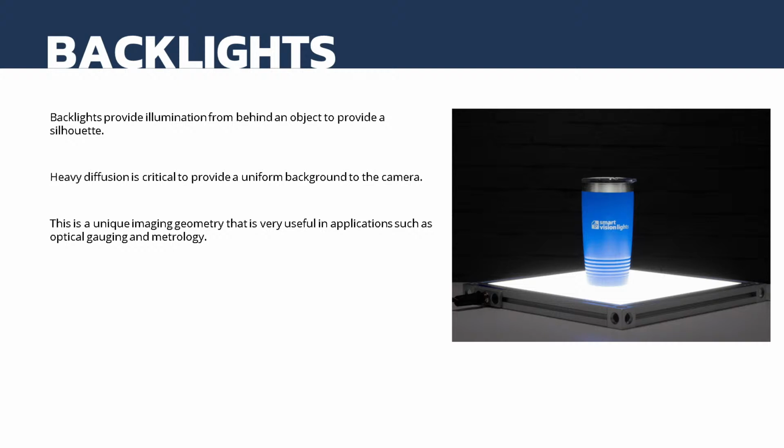It might be as simple as a washer that I need to gauge the inner and outer diameter, looking at the ovality, splines on a gear, things like that. Those are typically done with optical gauges, and if we're going to do it in a machine vision system, we're going to use a backlight, put the object down there, look at it perfectly perpendicular with the camera, and get an even silhouette with no edge effects that is easy to gauge.